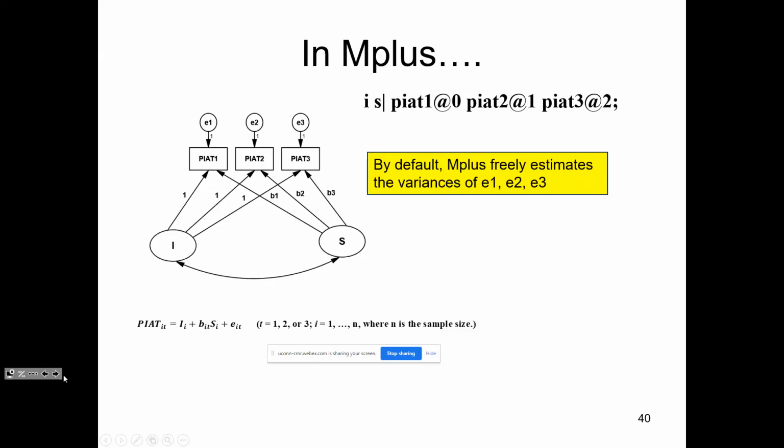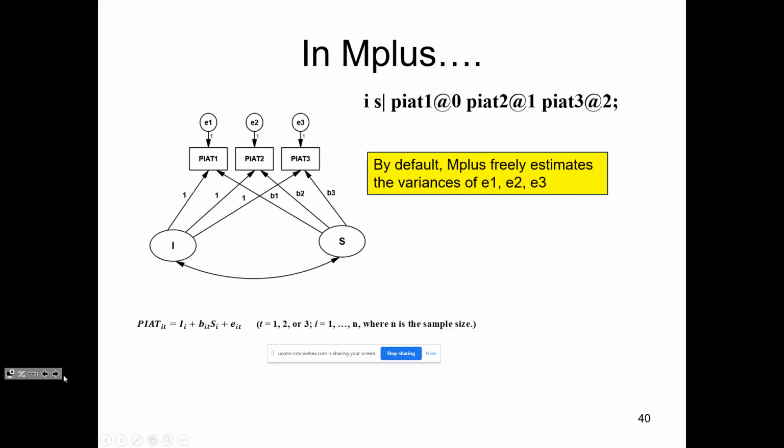But what's important is you're then going to use the vertical line here.